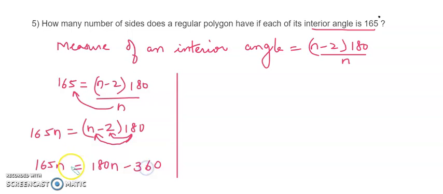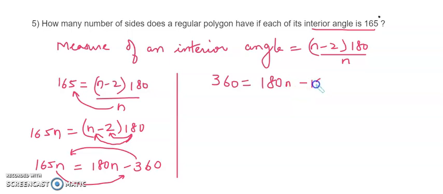I'm going to shift the 360 to the left and 165n to the right. Okay, so this becomes 360 is equal to 180n minus 165n. So 360 is equal to 15n. Okay, so we get 360 divided by 15 is equal to n.